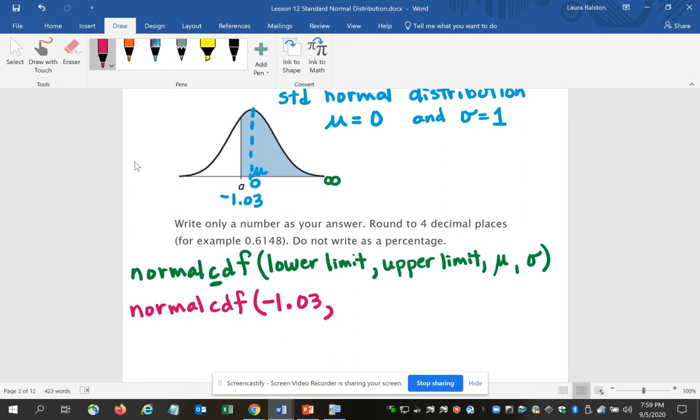And I know that the extra notes on lesson 12 under the discussions show you how to enter infinity. It's 1E99, and I'll show it to you on the calculator in a minute. The mean is zero, and the standard deviation is 1. Okay, so I'm going to type that into my calculator.